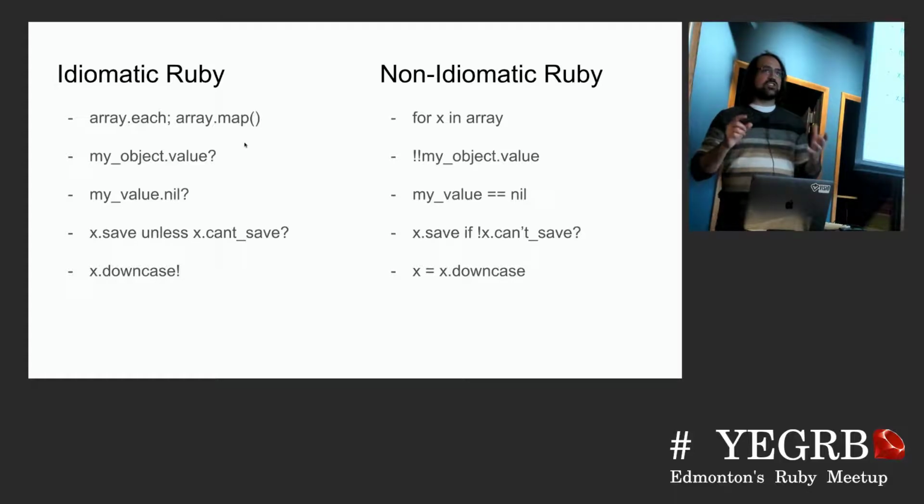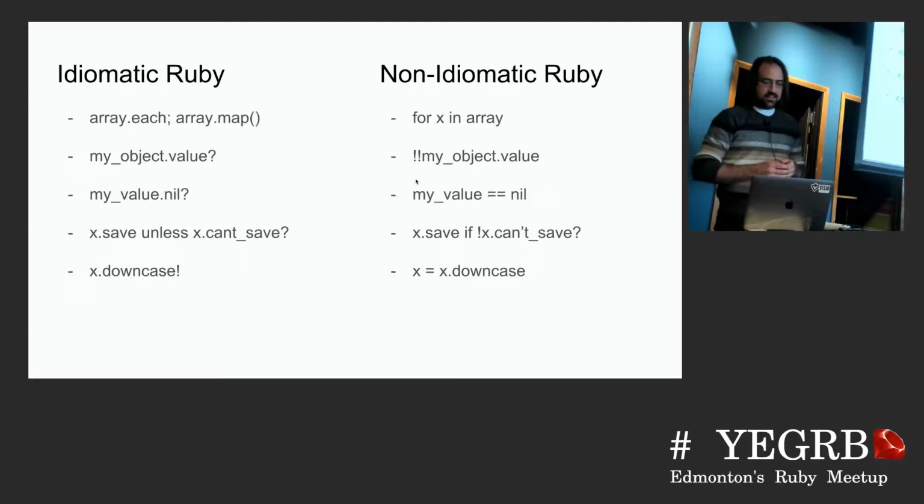In Ruby, there's a convention where a question mark on the end of a method will tell you that this will always return to you a true or false value. If you ever got a string back from this, somebody screwed up. In JavaScript or other languages, you might see the not my object.value. So that's just transforming it so that you'll always get a true or false back. But in Ruby, we would just write our method to do that.